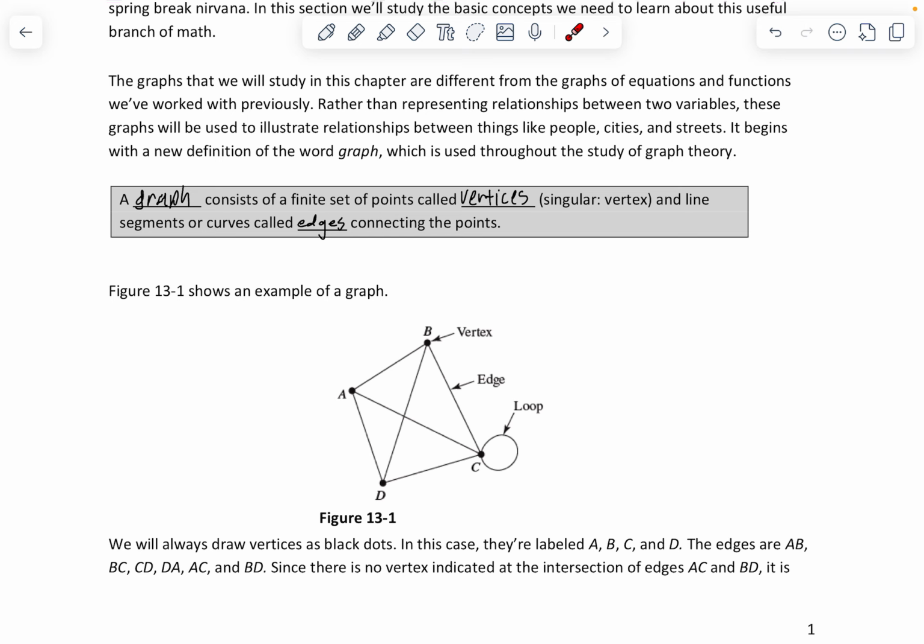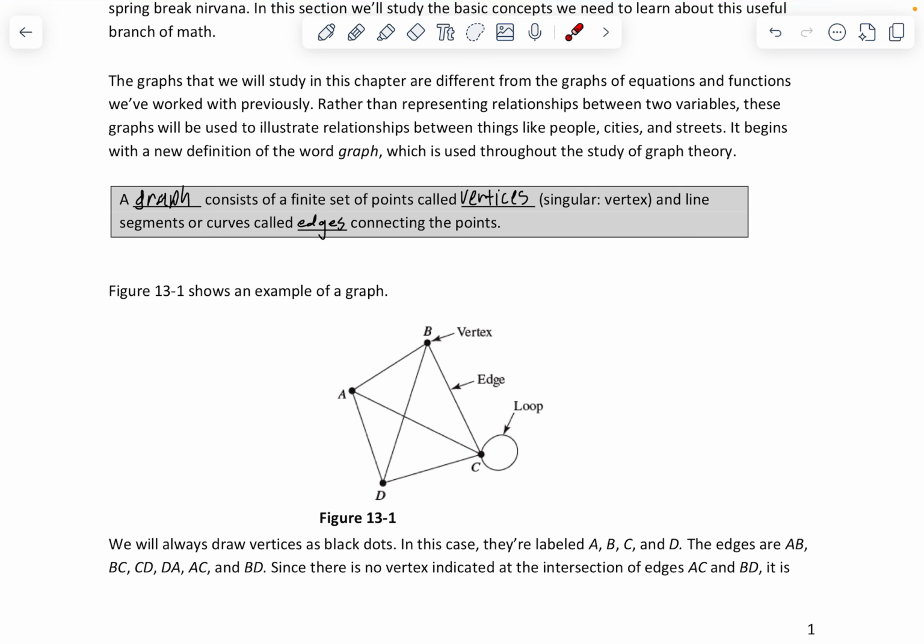So in our notation, we will always draw vertices as black dots. In this case, they're labeled A, B, C, and D. The edges are AB, BC, CD, DA, AC, and BD.